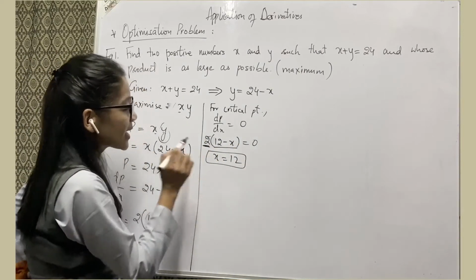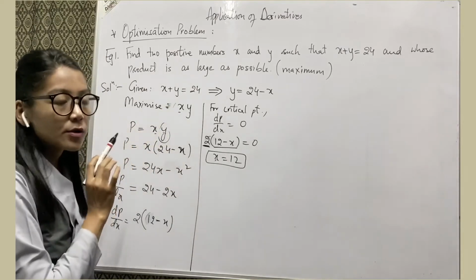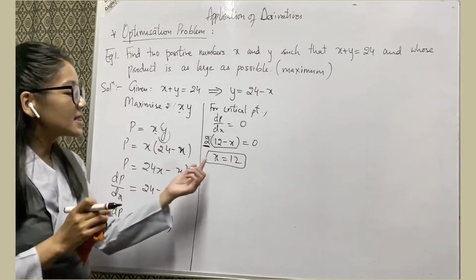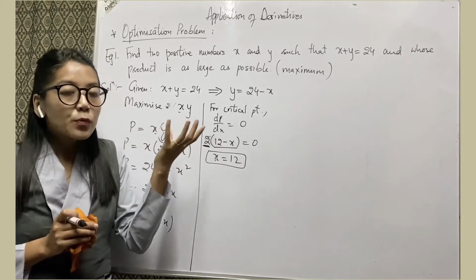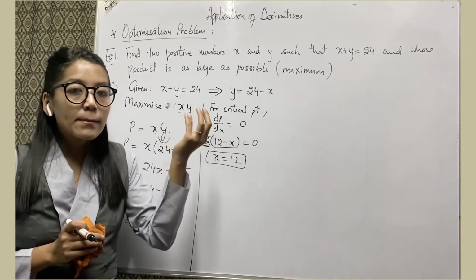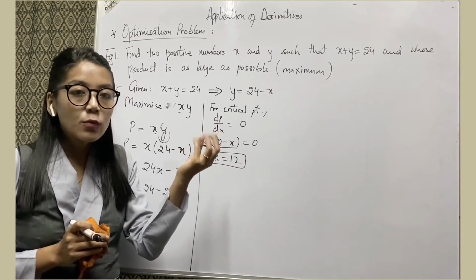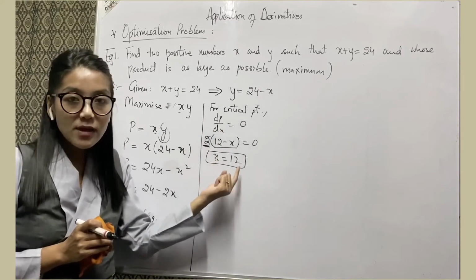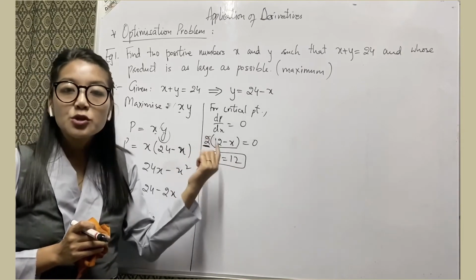So now we get this x is equal to 12, okay? Now what is this x? It is one of the numbers. Now when I say that x equal to 12 is the critical point, then by that I mean the product is either maximum when one of the numbers x is 12, or the product is minimum when one of the numbers x is 12, right?